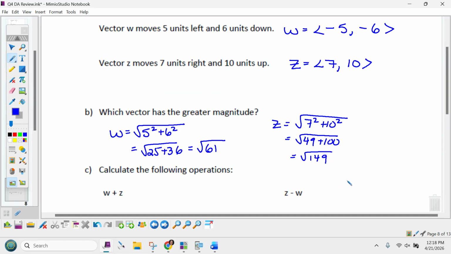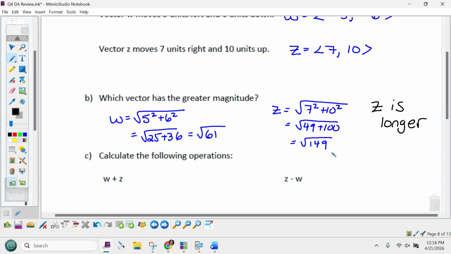So the greater magnitude would be vector Z. That is the longer vector. If you're not sure, it's the no calculator section. When we're comparing square roots, let's see, the closest perfect square to 61 is the square root of 64, which is 8. And a nice perfect square with 149, I don't know, even if we did a square root of 100, that's 10. So the Z value is longer.